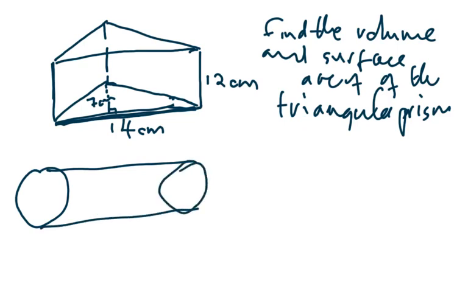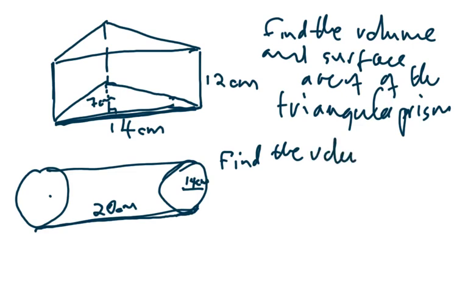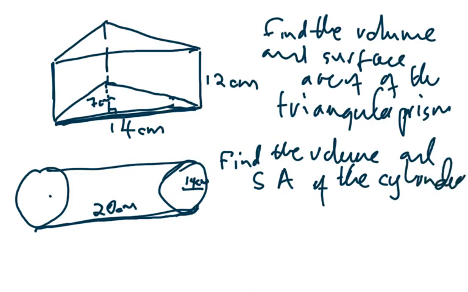Question 2. Find the volume and surface area of the cylinder. The length is 14 centimeters, and the height from there to there is 20 centimeters. It's closed on both sides.